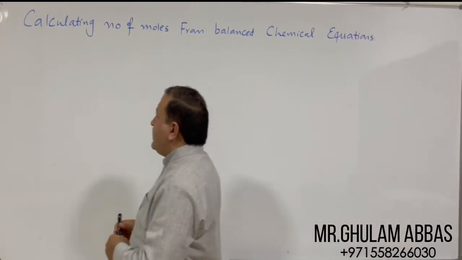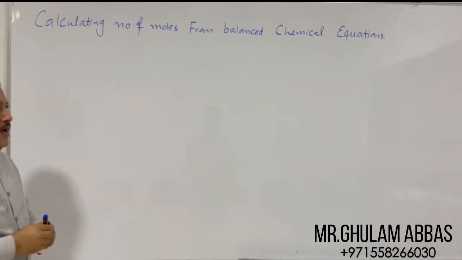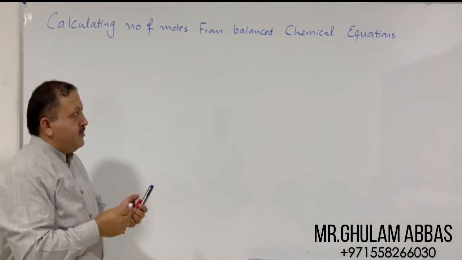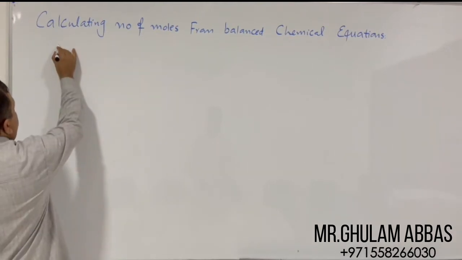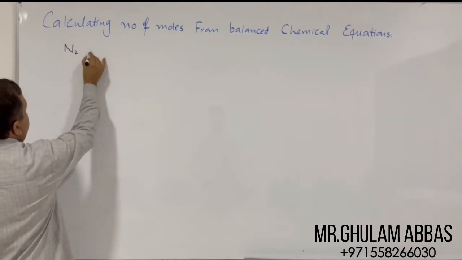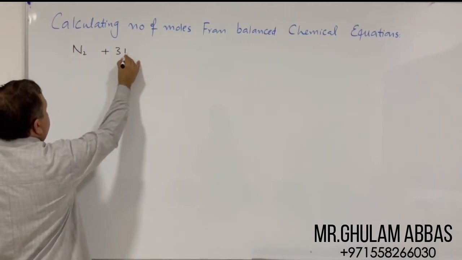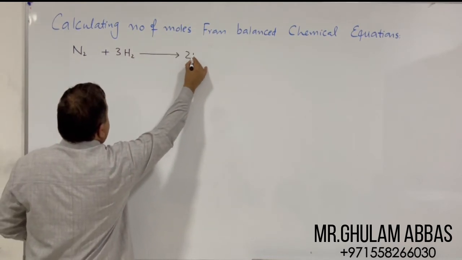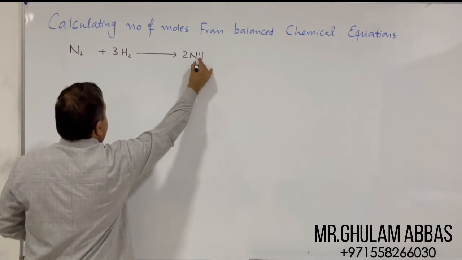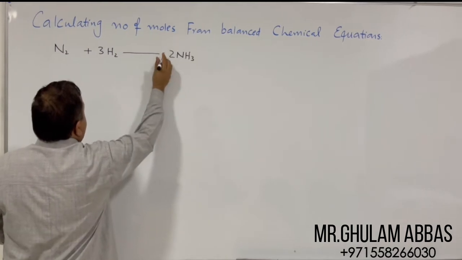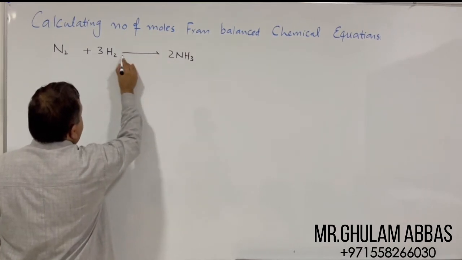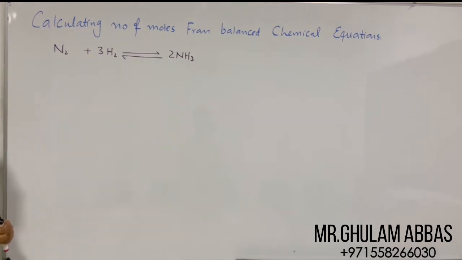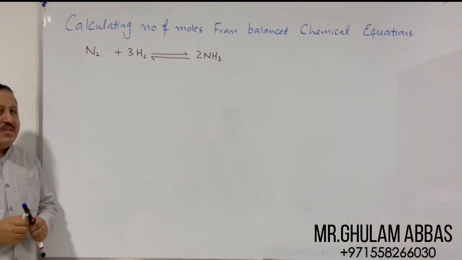In order to explain this topic, I will take the very important reaction N2 plus 3H2 gives us 2NH3. We know that this reaction is reversible, but I want to explain the calculations.